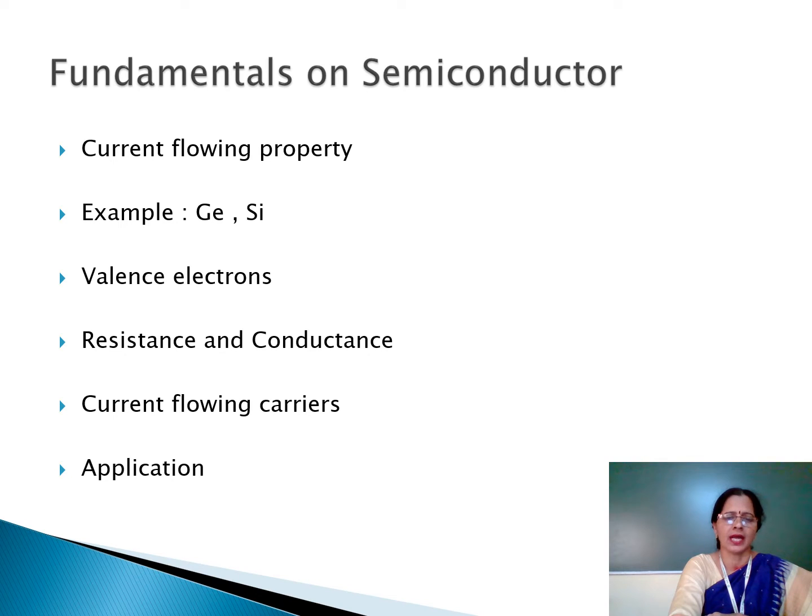That means it can allow current flow or may not allow current flow. It has a mixing property, which is why the name is semiconductor. It is not completely an insulator or completely a conductor. It has a mixing property, but that mixing property never happens simultaneously.